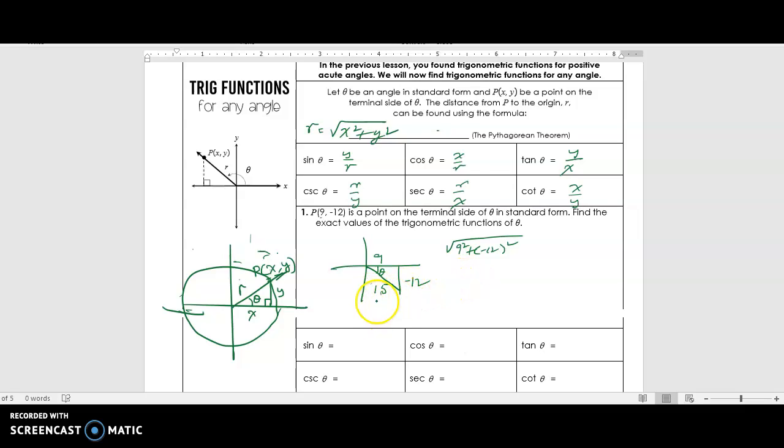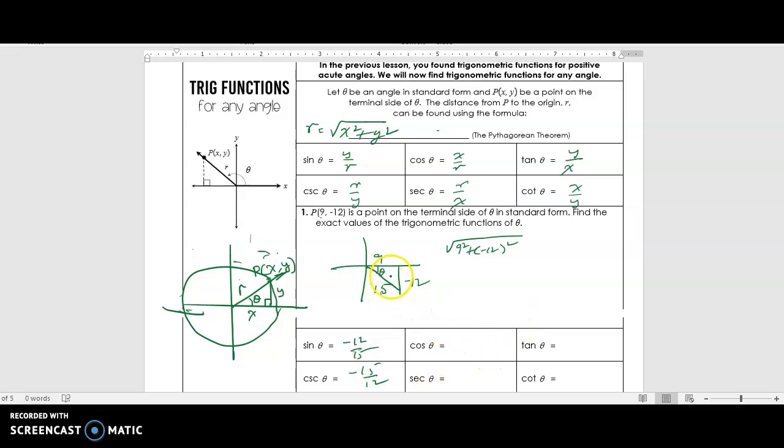This is a Pythagorean triplet, 9, 12 and 15, but negative 12 because it is in the fourth quadrant. Now sine theta would be opposite over hypotenuse, so negative 12 over 15, and cosecant would be the reciprocal of that, so you can immediately write that.